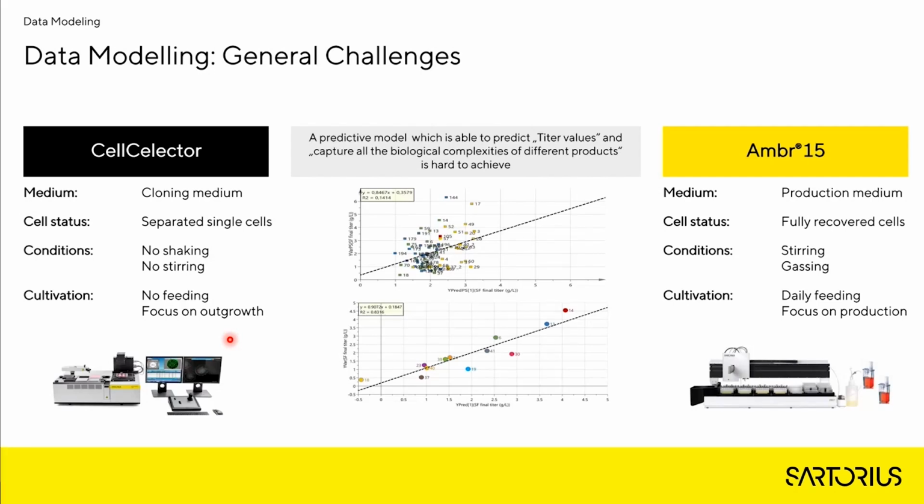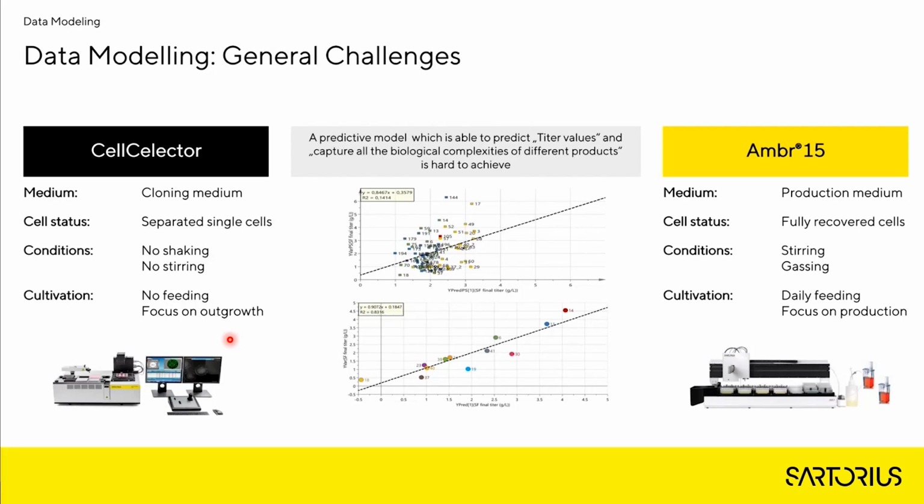So the challenges here are that, for example, the medium is very different. In the cell selector step, we are using cloning medium, but in Ambr 15, we are using a production medium. So the nature of the process, medium-wise, is very different. Cell status is also different.